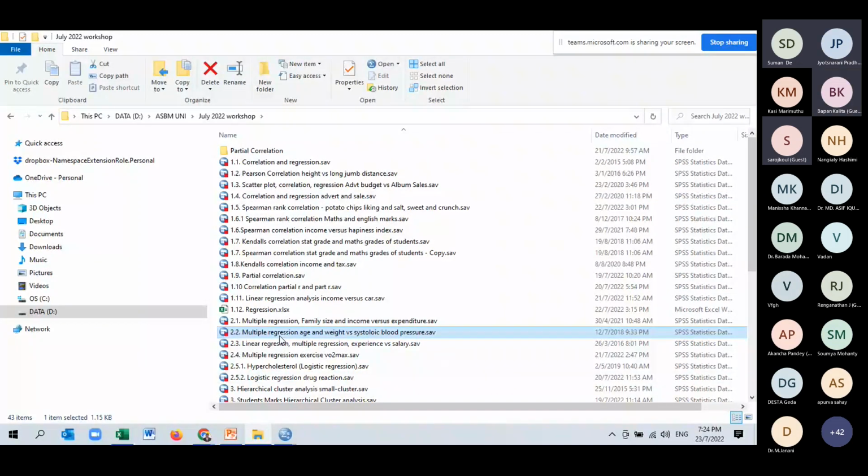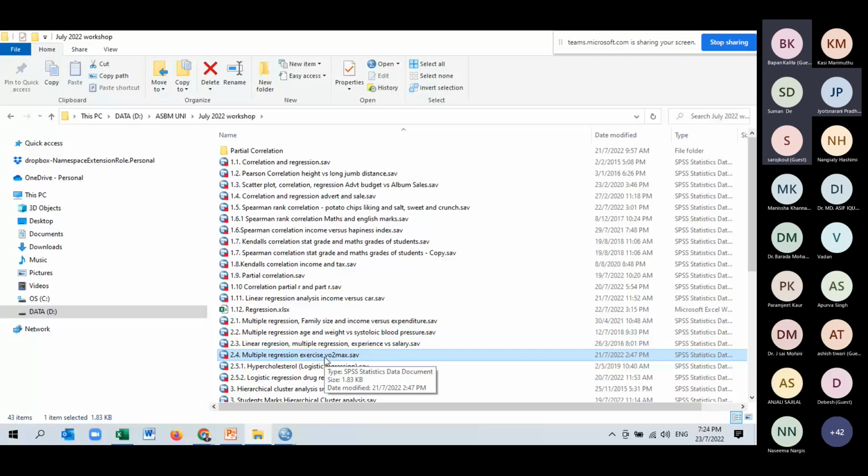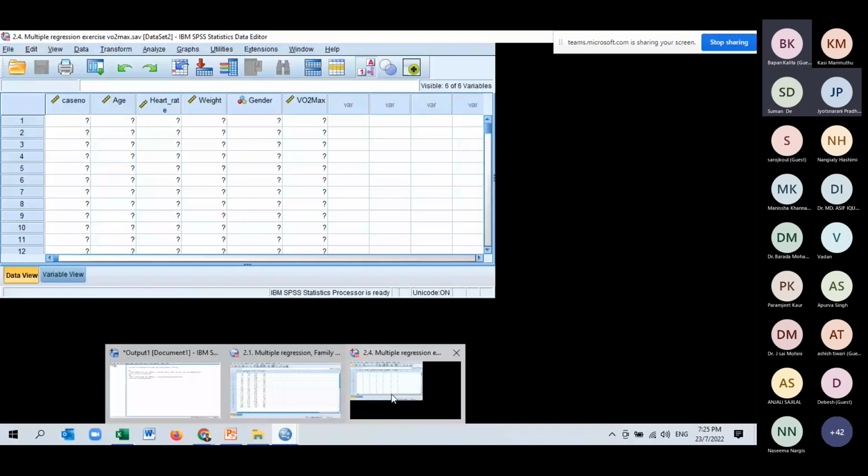It is 2.4. Yeah, correct, 2.4. Open the file. Have you opened it?